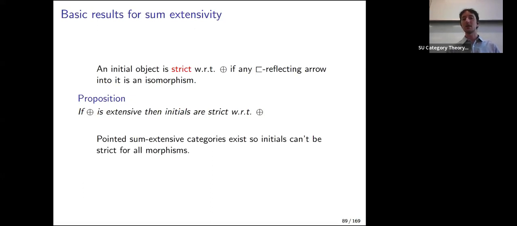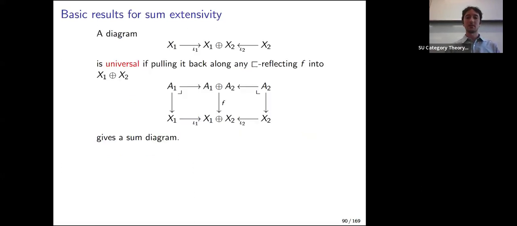I will mention here that we have examples of pointed sum extensive categories, and we can't have that all initials are strict with respect to all morphisms in a pointed sum extensive category, otherwise it would trivialize. So this is why we require C-reflecting.